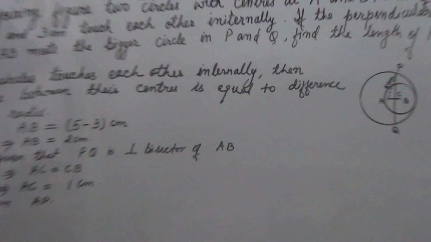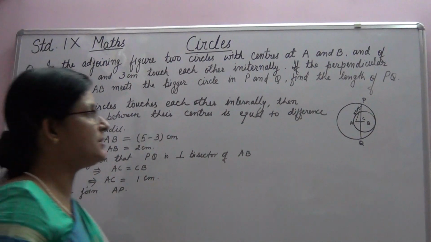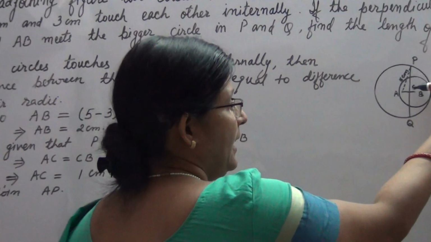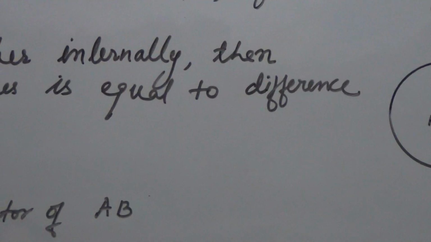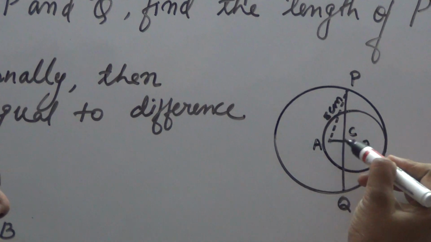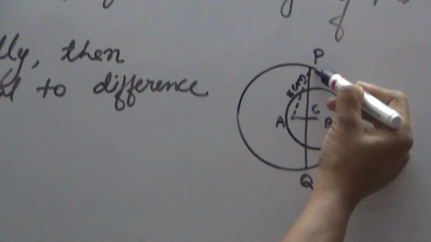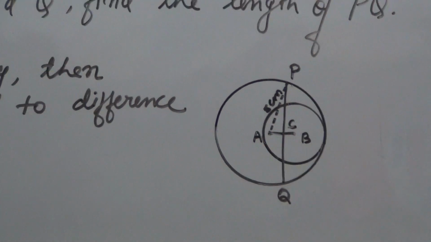Now we have to find PQ. For finding PQ, first of all we need to find PC. And PC is equal to CQ. Because here A is the center. Understood? So if it is bisecting this, here PC is also equal to CQ.